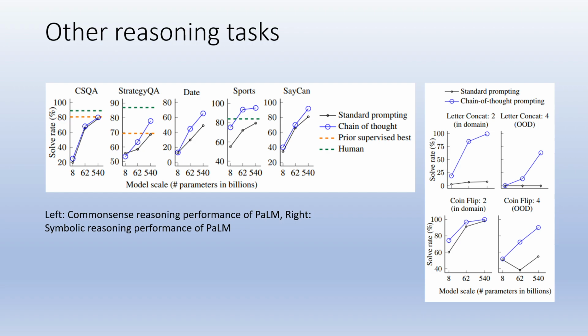So it is a leap for the model, but chain of thought prompting still performs so much better than standard prompting, which has either reduced performance or zero performance. This leads us to believe that chain of thought prompting is much better even for these tasks, which are very hard for a natural language model to perform.